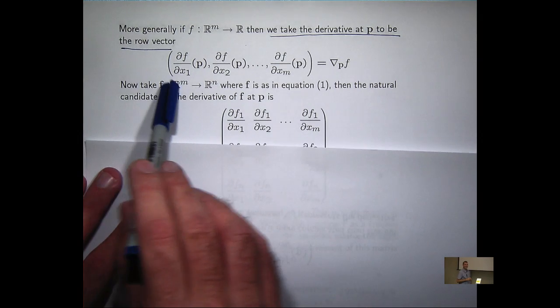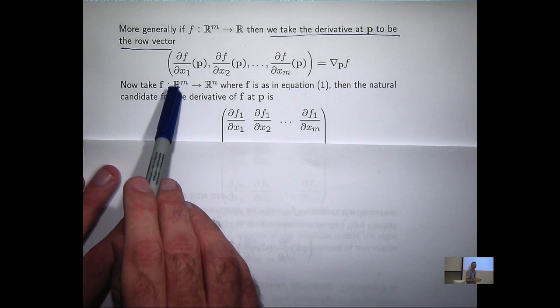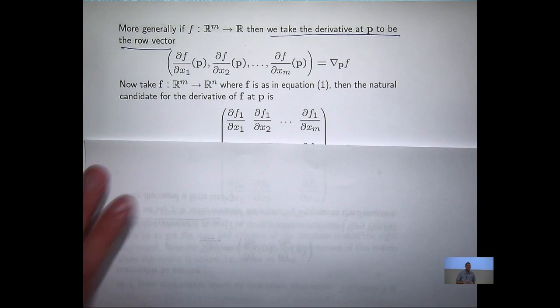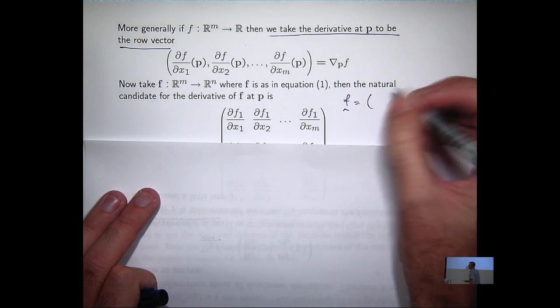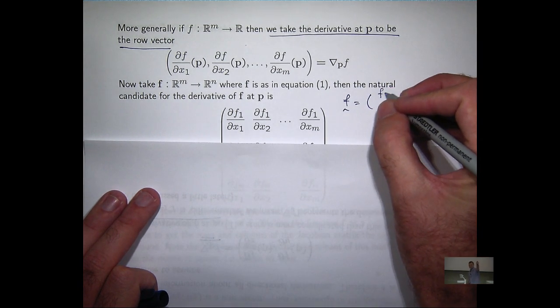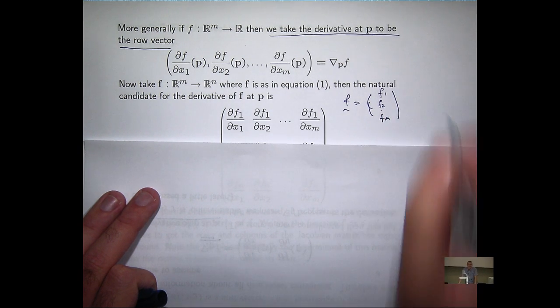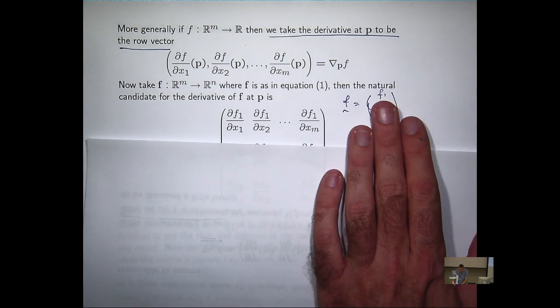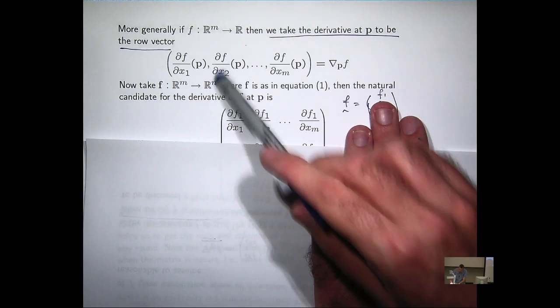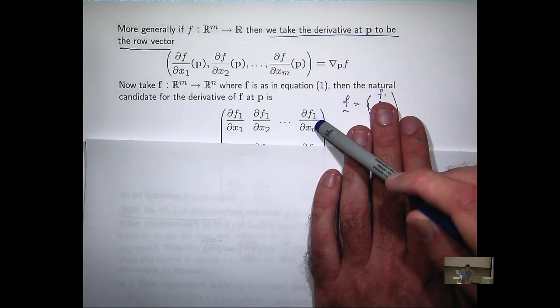Now, what happens if I've got a general vector valued function of m variables? So here, I've got something like f1, f2, up to fn. Well, if I cover this up, I've got the case up here. So what I'm going to do is take the gradient of f sub 1 and write it as a row.